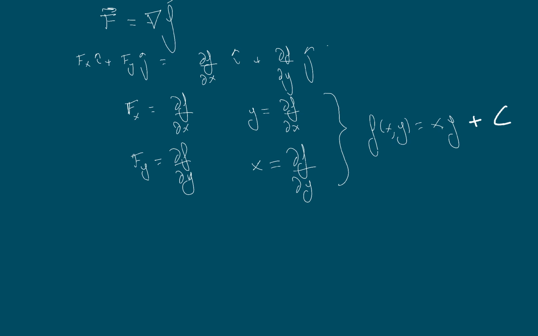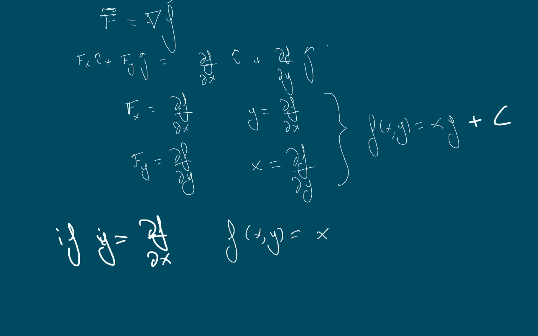Okay, so let's do it completely, all the steps. If y is the partial derivative of f with respect to x, it is because f of x, y could be x multiplied by y, plus a function phi that depends on y.